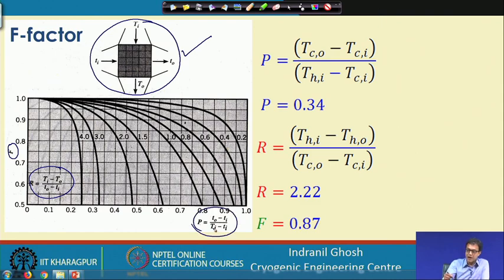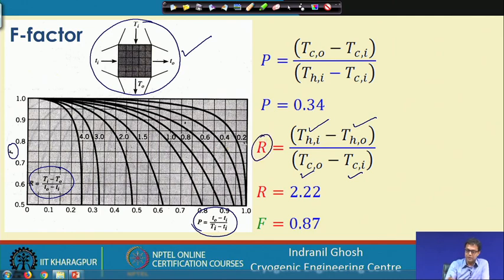R is the hot inlet minus hot exit over cold exit minus cold inlet, which is nothing but the capacity rate ratio.